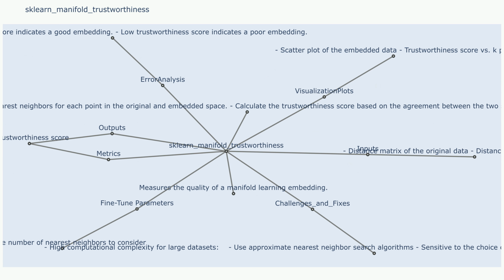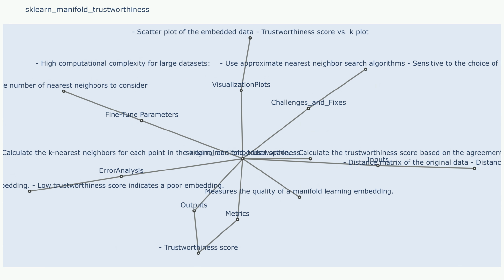Each row corresponds to a data point in the input data, and each column represents a dimension in the embedding space. Outputs. Output 1: a single numerical value representing the trustworthiness score of the embedding. The score ranges from 0 to 1, with 1 indicating perfect preservation of the local neighborhood structure.